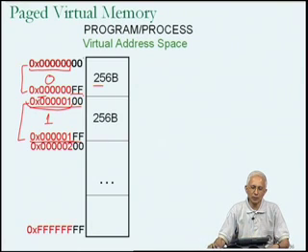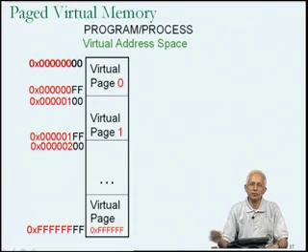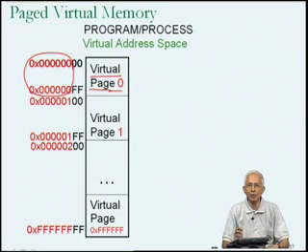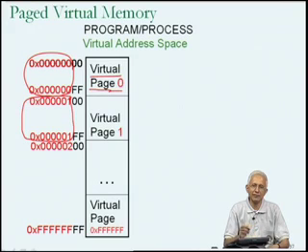And therefore, in short, I could refer to the first 256 bytes in memory, since I'm going to refer to them as a page, and I know that this is the virtual address space, as the virtual page 0. In other words, the virtual page in which all of the bytes have 0 as their common most significant bits. Similarly, virtual page 1 is the virtual page in which all of the bytes have in common their most significant address bits being 1, and so on.